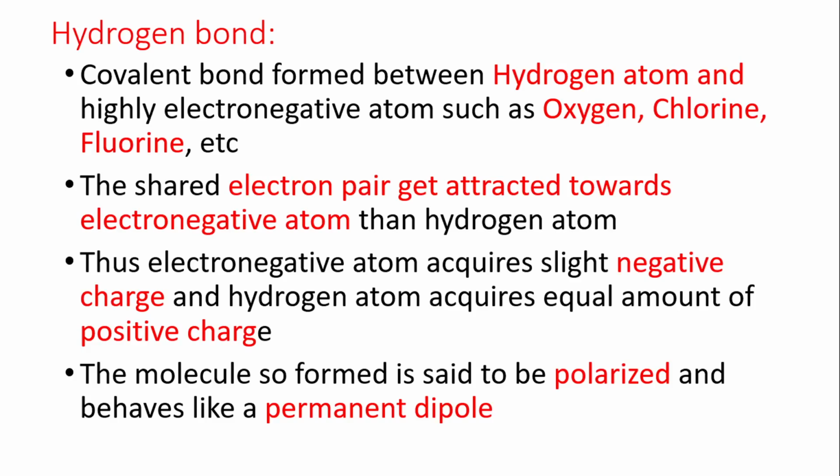When a covalent bond is formed between a hydrogen atom and another electronegative atom such as oxygen, chlorine, fluorine, etc., the pair of electrons shared between the atoms gets more attracted towards the electronegative atom than the hydrogen atom.